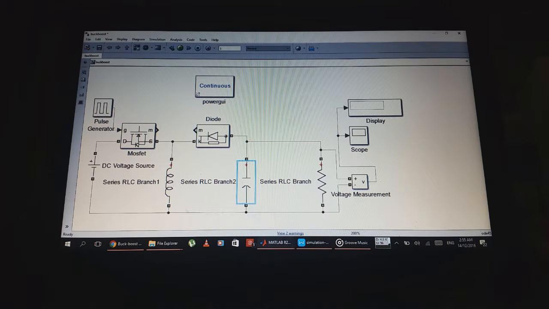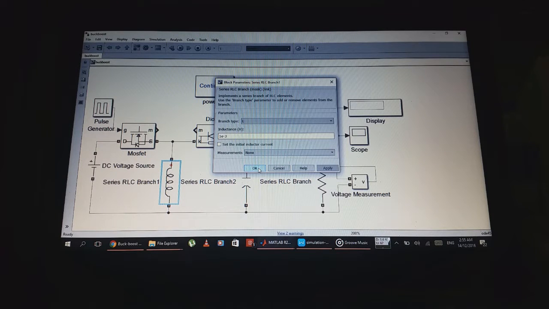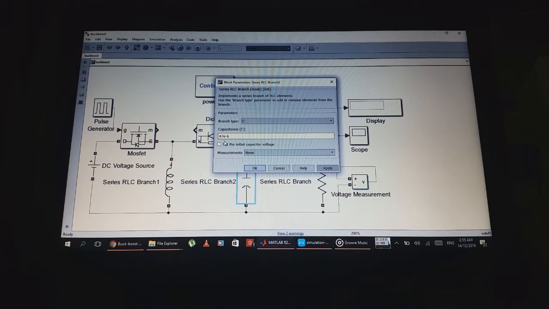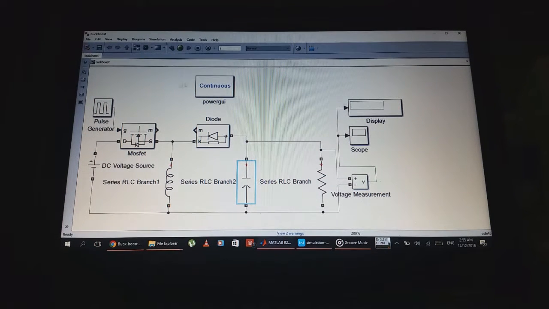For the inductor I put it at 0, but in MATLAB we are unable to put it at 0, so I put it as 1e-3. The capacitor value I put as constant for every requirement at 47e-6. Okay, and then we just run it.